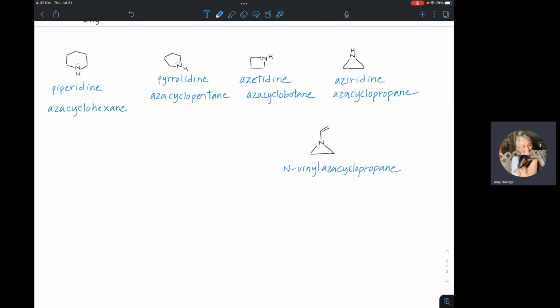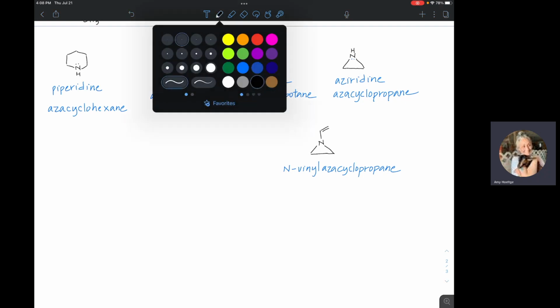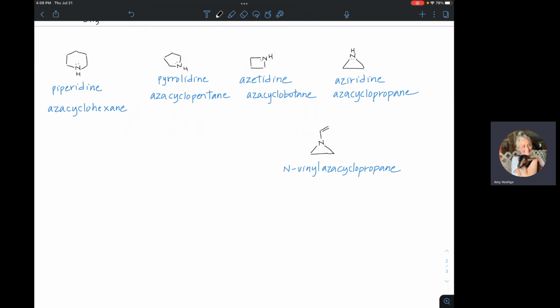Or you could also say N-vinyl aziridine. Sometimes we overlap the systematic and the common nomenclature. In all reality, these heterocyclic aliphatic amines are usually referred to by their common names. So we would call that N-vinyl aziridine. But aza is something that you should be familiar with. It is a prefix that indicates the amino group. So these are our aliphatic amines.